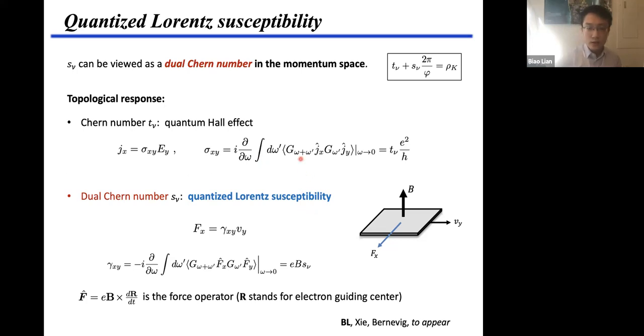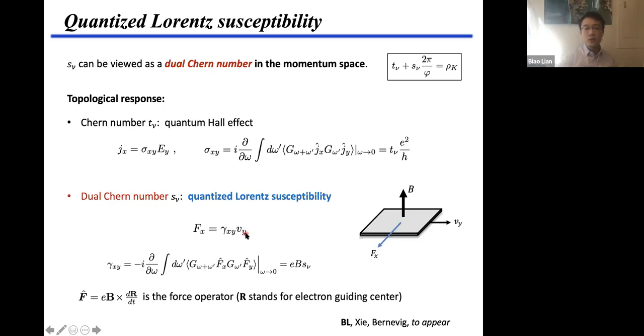One might note that in the response of Chern number T nu, sigma xy is given by the correlation functions between the current operators, jx and jy. So to find the dual of this effect, we need to find what is dual to this current operator. It turns out it's the force operator, because the current operator is basically a pumping of the momentum, partial h partial k.